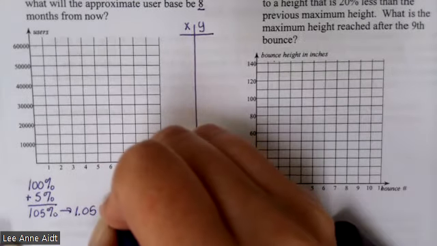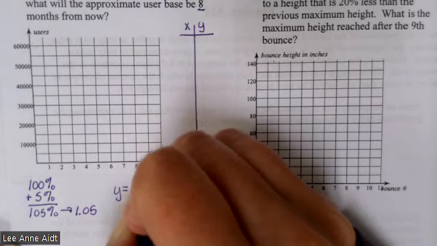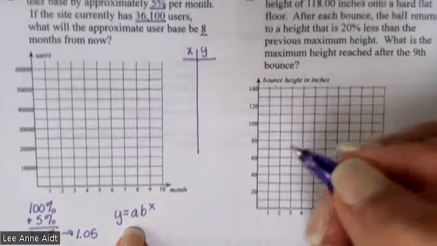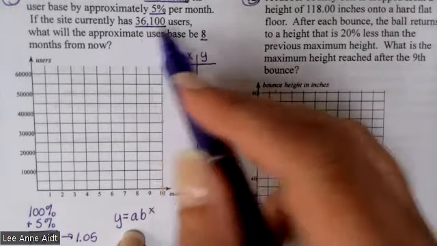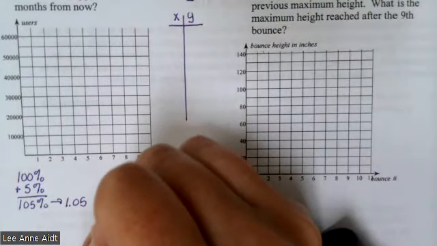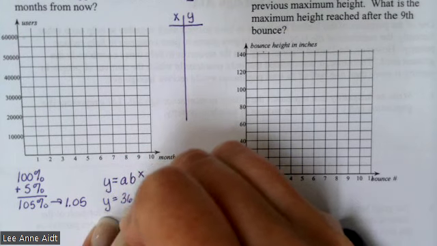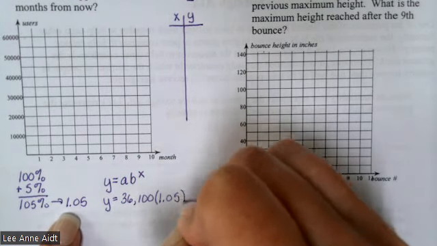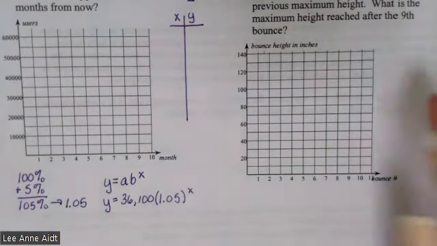Okay, the equation is y equals ab to the x. A is the start, which is 36,100. B is the multiplier, and x is x.